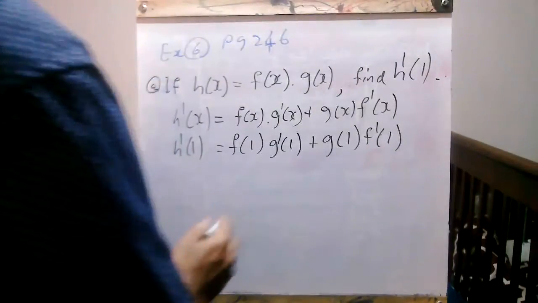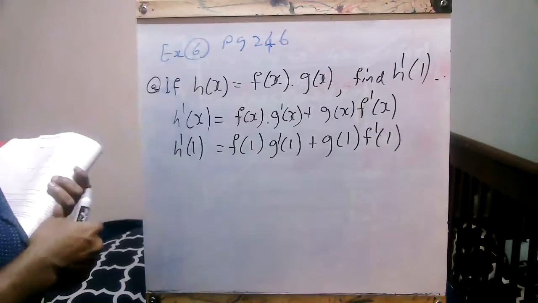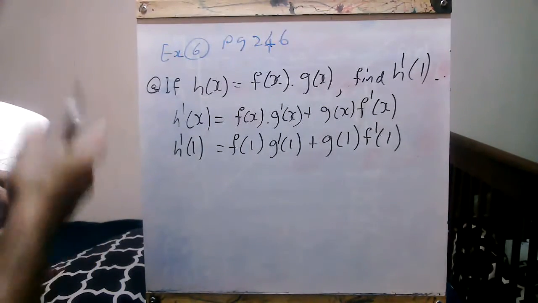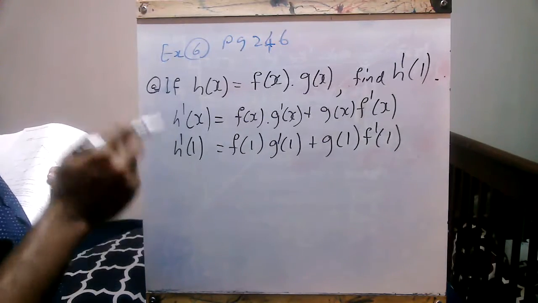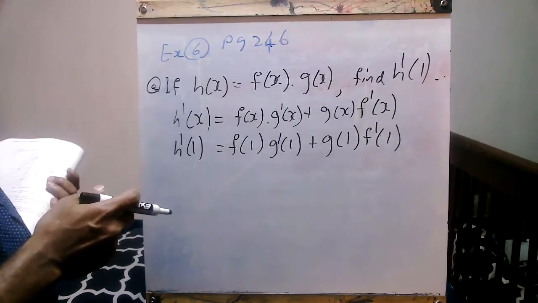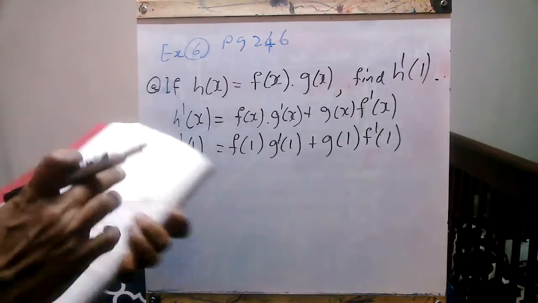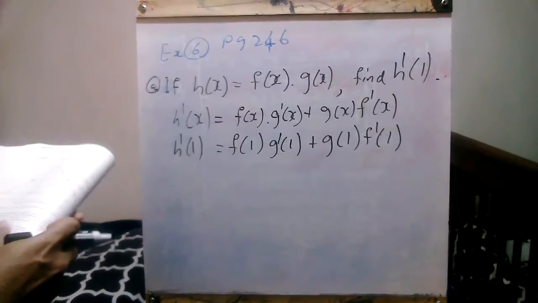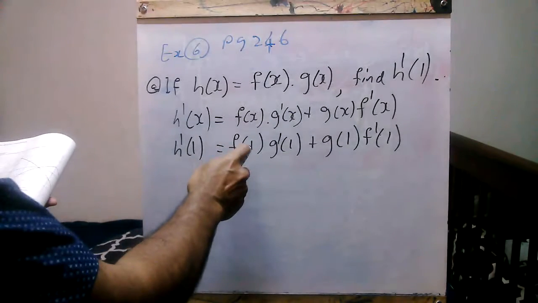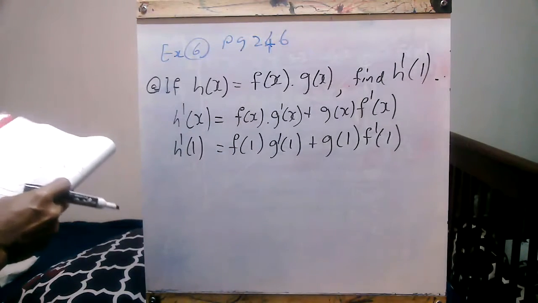So now, okay, this is why I reminded you about slopes and function values. Now open up your book, go to page 246, the graph I showed you. I'm going to find these derivative values and function values from there.